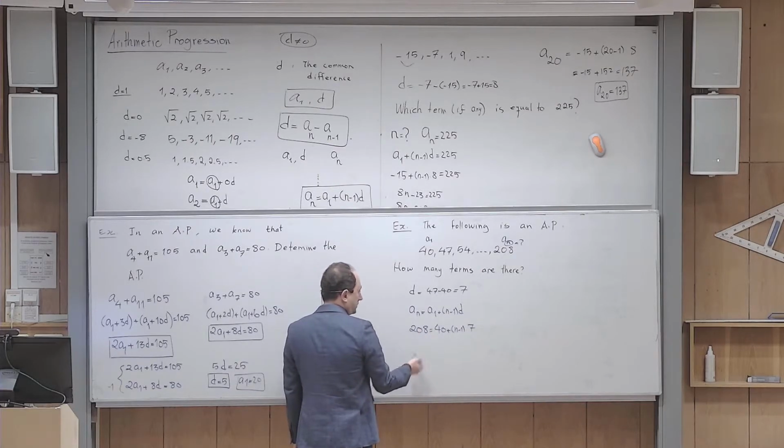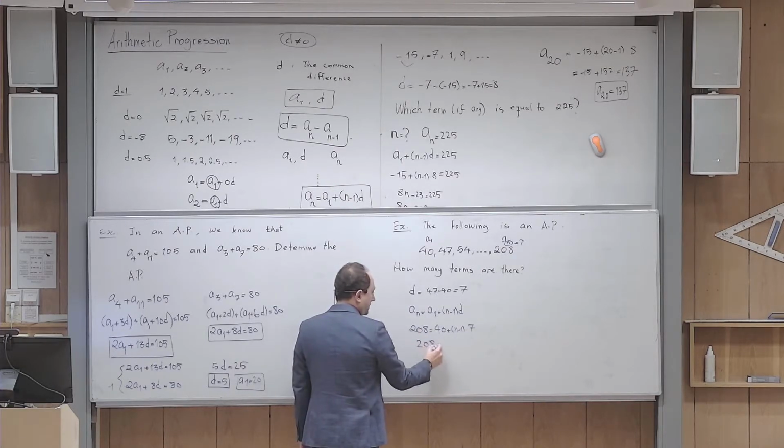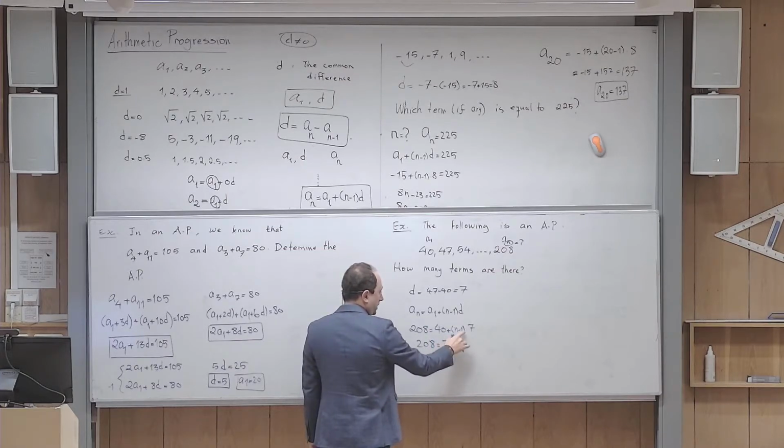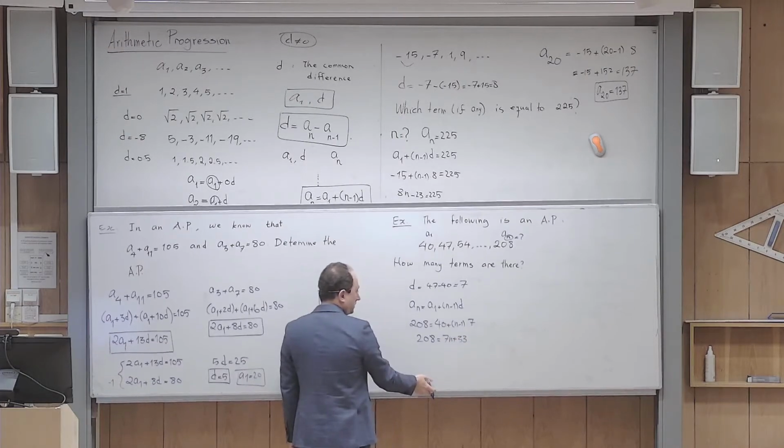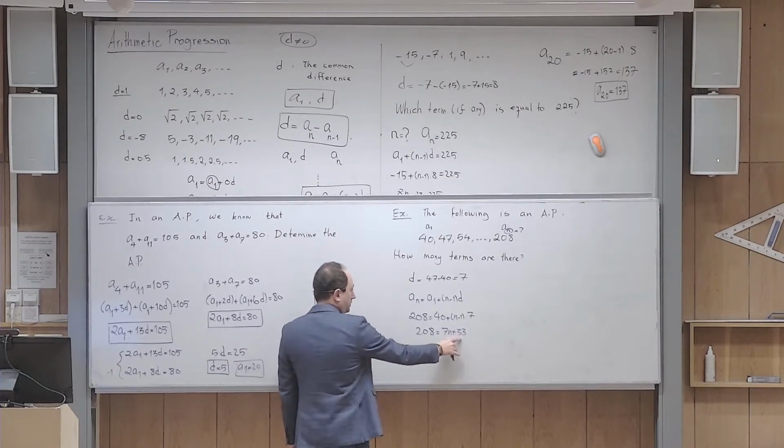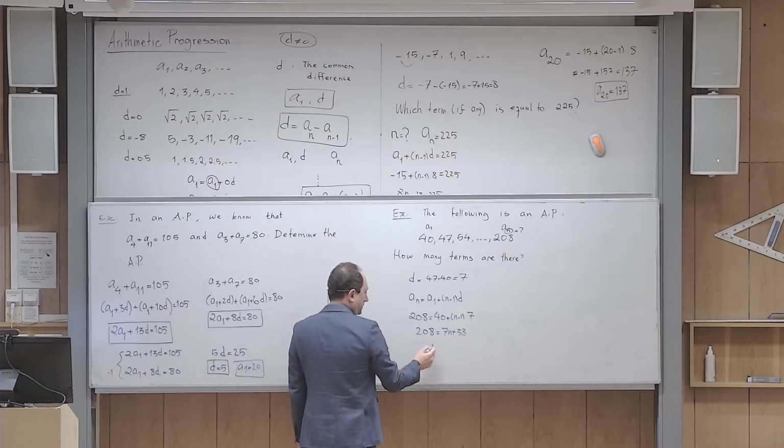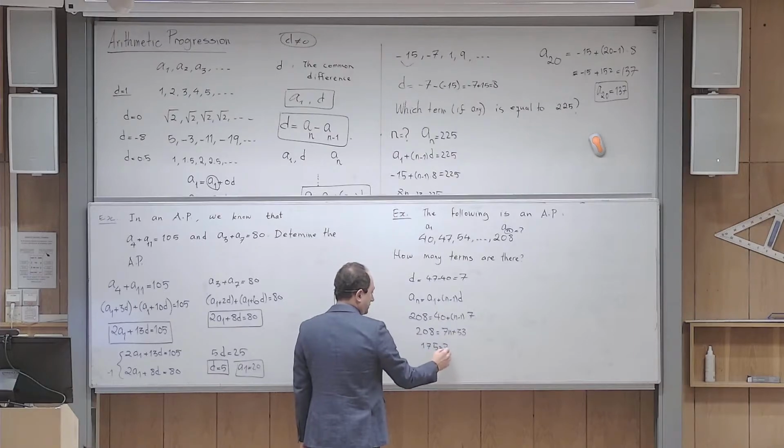I can simplify it if you want to. It doesn't matter how you solve the equation. So it becomes 7n minus 7 plus 40, which is 33. And then I move 33 to the other side. It becomes 175 is equal to 7n.